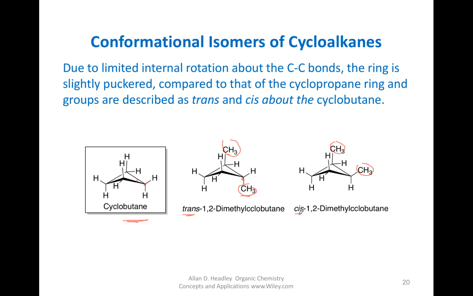That's on the same side, even though it's not as obvious. This one is much more obvious because it's on opposite sides, but because of the nature of the ring, it's a little difficult to see, but this is the cis relationship, and that's a trans.